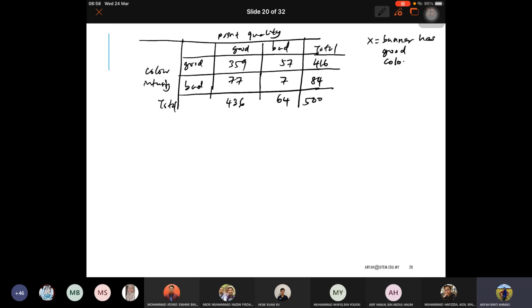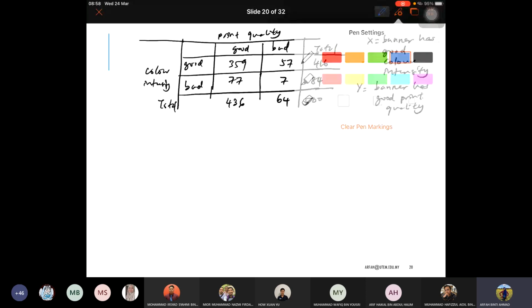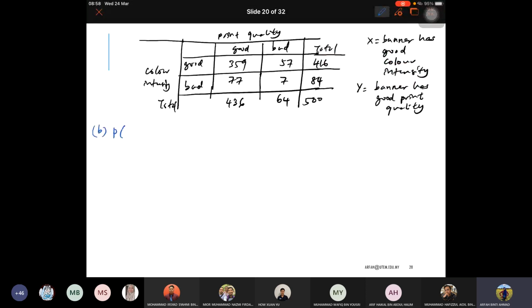And then Y sama dengan banner has good print quality. Okay. So, yang dia minta dalam ni, yang soalan B, probability of X or Y prime.